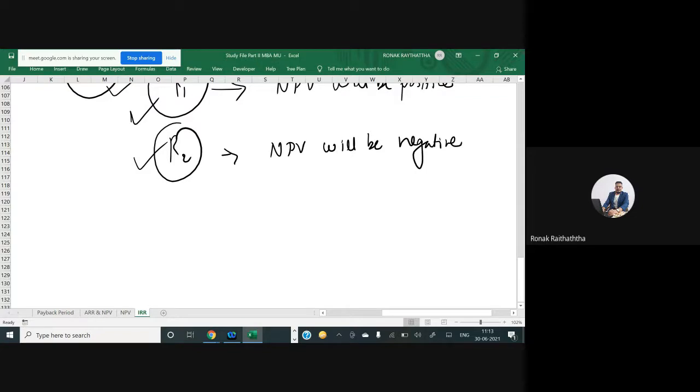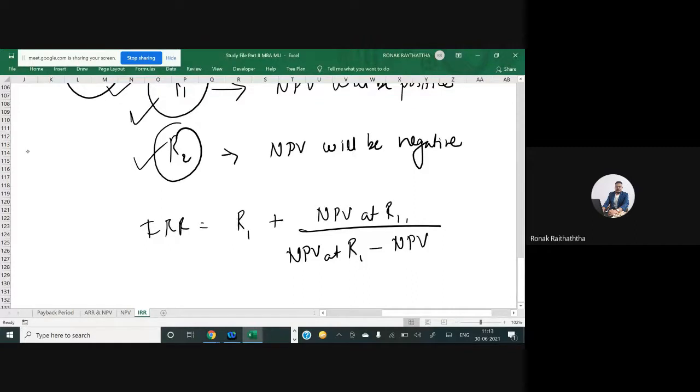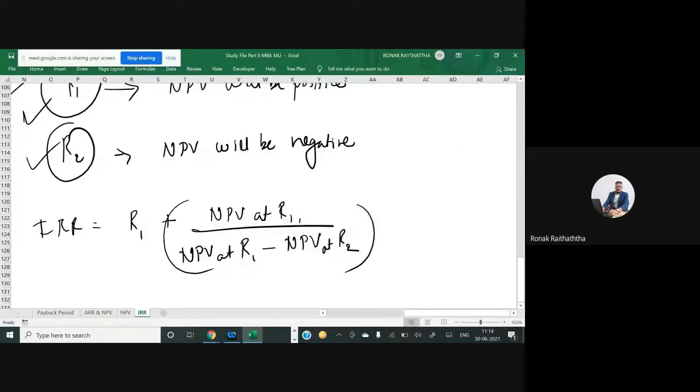If you are able to find these two rates, then you can use a formula of interpolation, a mathematical concept of interpolation, where we try to see where the actual rate of return may be falling. So how do you use the formula of interpolation? It can also be stated like the interpolation method. So IRR equal to R1 plus NPV at R1 divided by NPV at R1 minus NPV at R2, in bracket, multiplied by, in bracket, R2 minus R1.